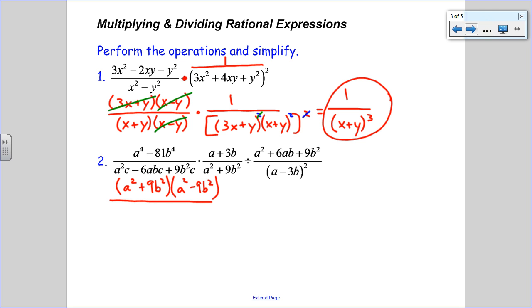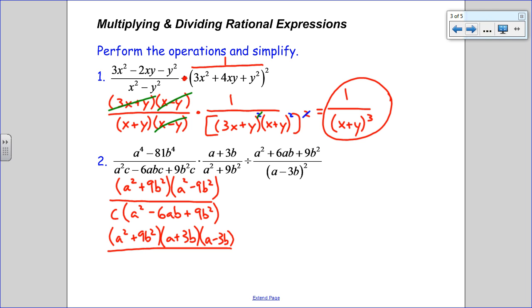The denominator has a greatest common factor of all 3 terms, of c. Then we can factor further as well. Again, the numerator has another difference of 2 squares. And the denominator contains a perfect square trinomial.